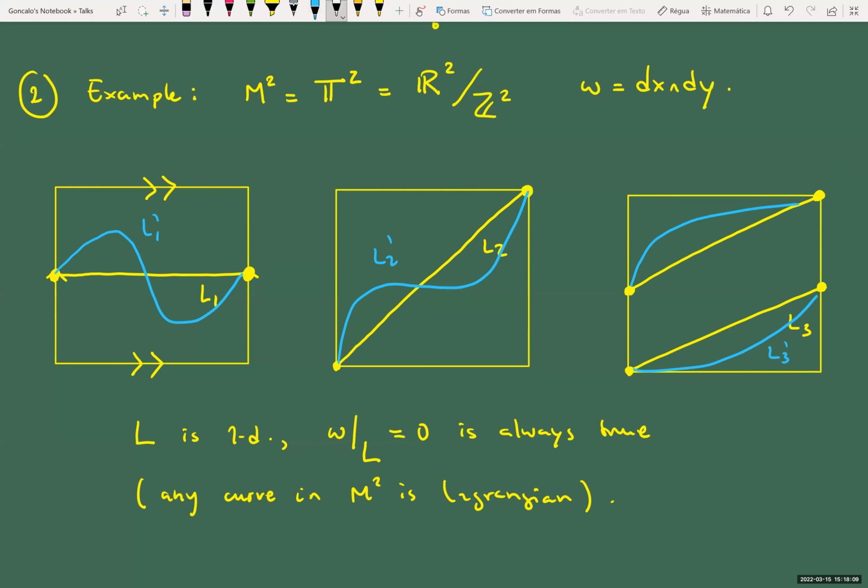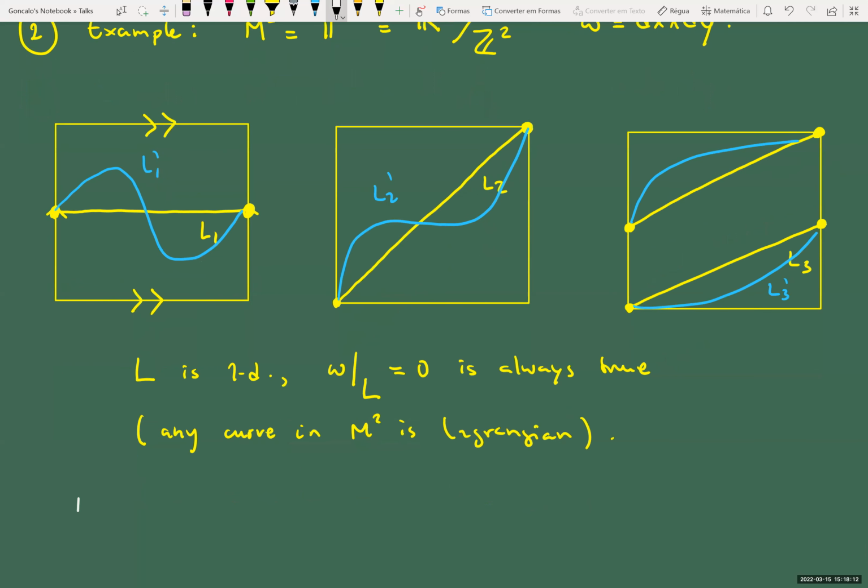And the condition that they be Hamiltonian isotopic is that the signed area between them vanishes.